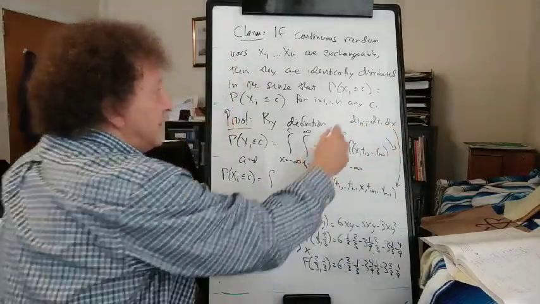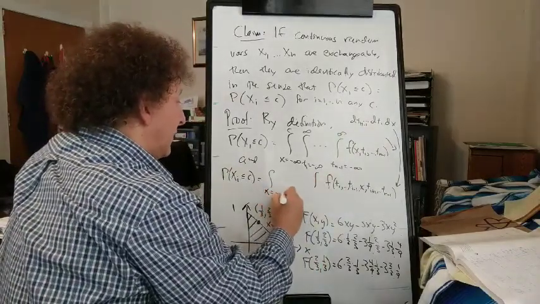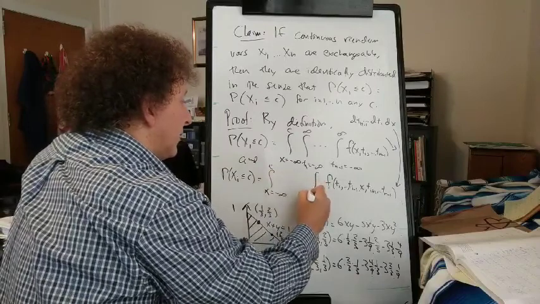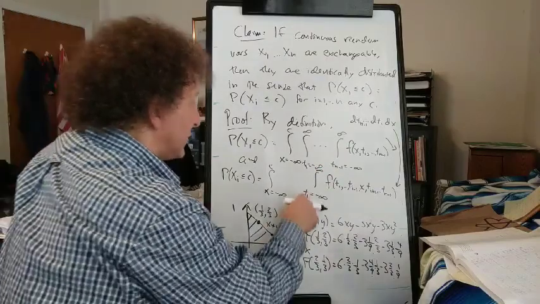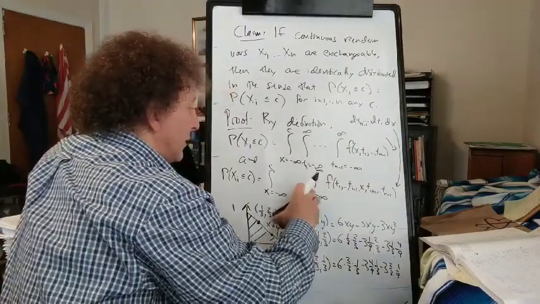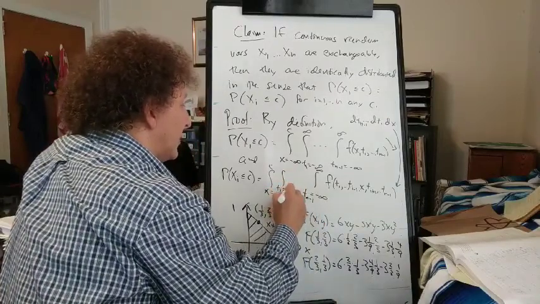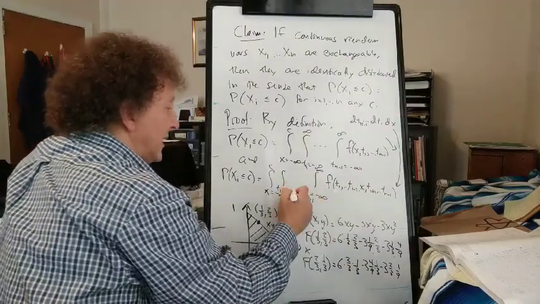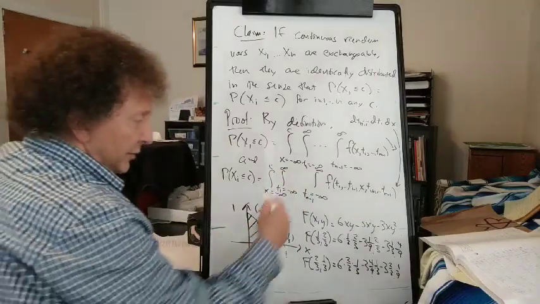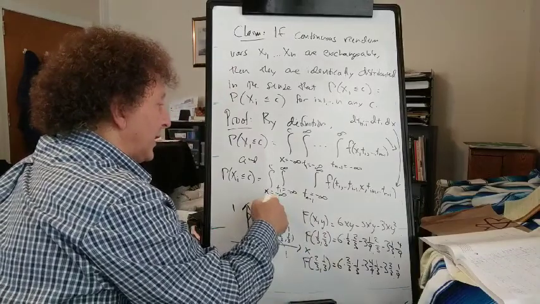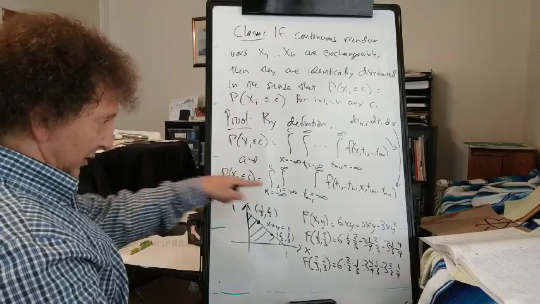And then the same dtn minus 1 through dt1 dx. Oops, this one should be tn minus 1. We're starting with tn minus 1, working up to t1. So again, getting rid of all the variables t1 through tn minus 1, which we can do in any order, and then letting x go from negative infinity to c, so that the probability that Xi is less than or equal to c is what we're computing.